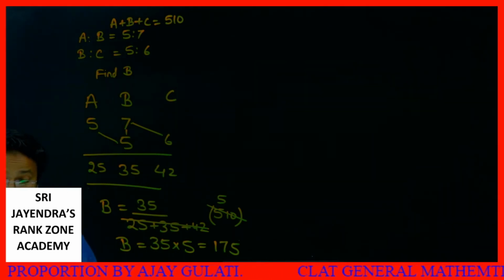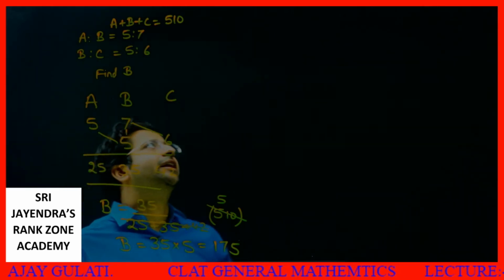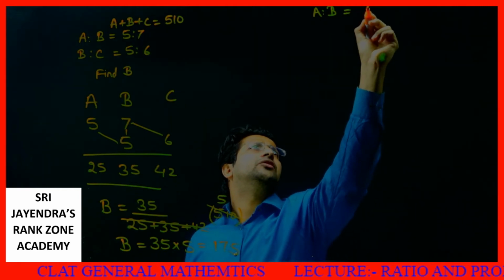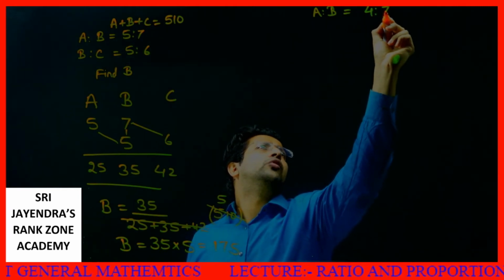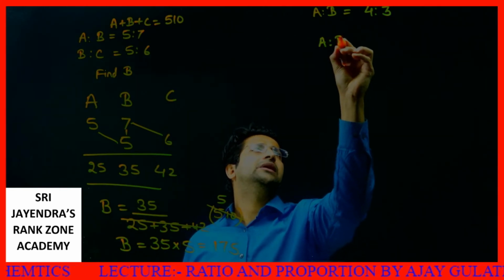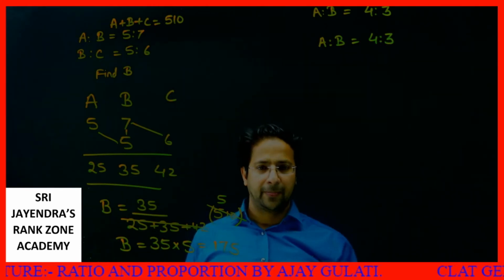Next, I say A, B, C. Let's take a ratio. A is to B is equal to 4 is to 3.